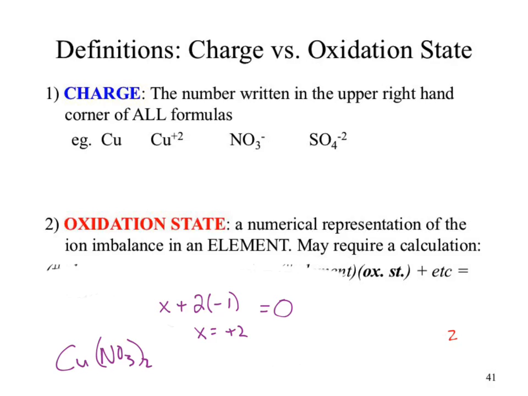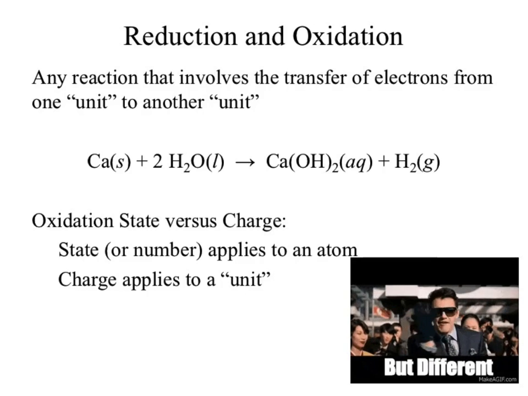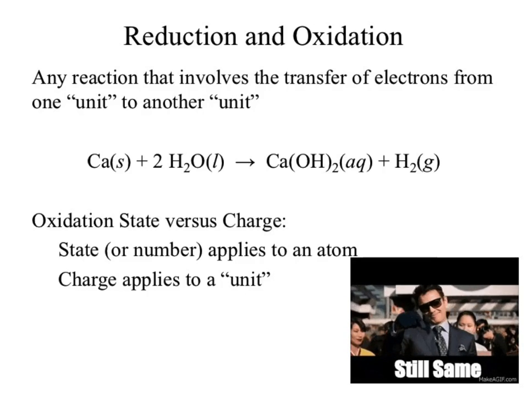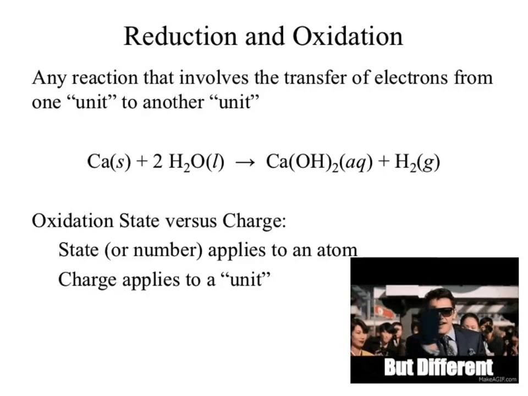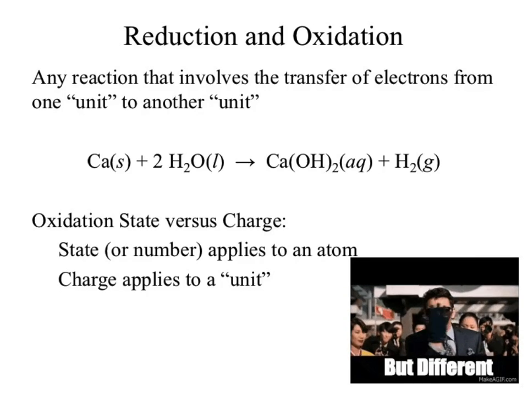So why do we go through and identify the oxidation states? Well, as we saw on the previous slide with the equation, what happened to the calcium? Its oxidation state changed, which meant it gave up electrons. Something about it changed. Where in that equation do you see anything about electrons? What is the symbol for an electron? Negative is its charge.